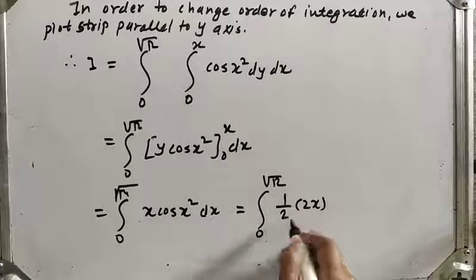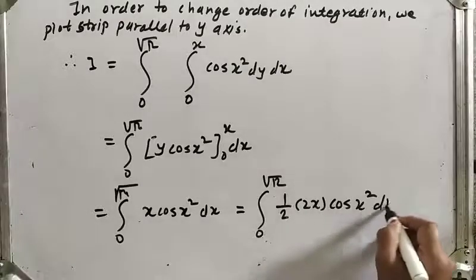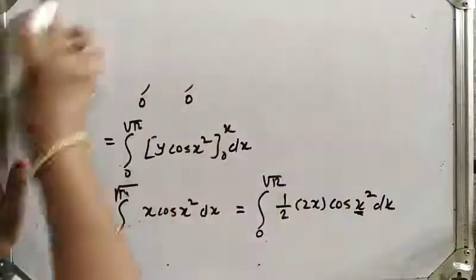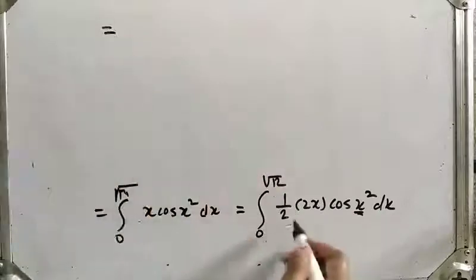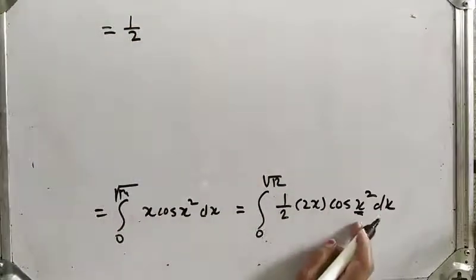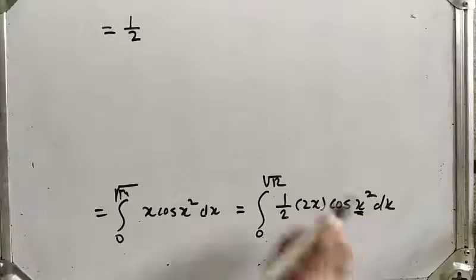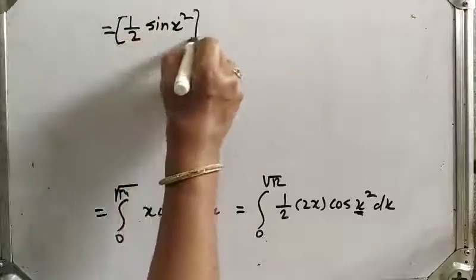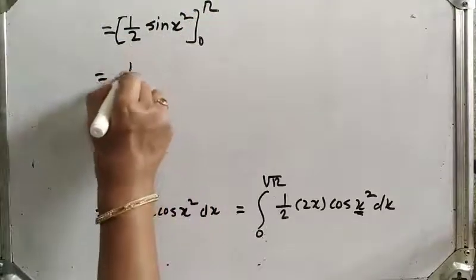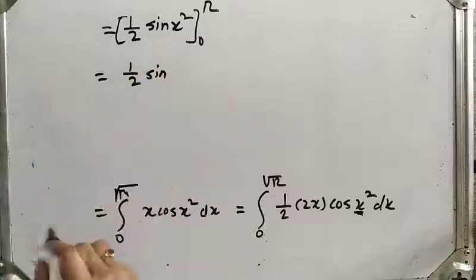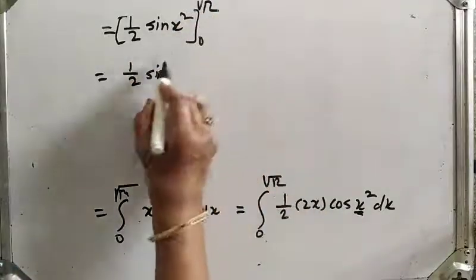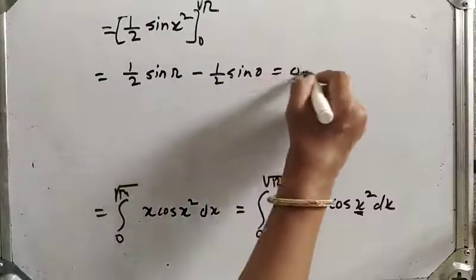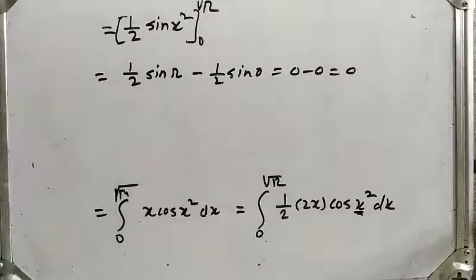To cancel this 2, take 1/2 cos of x square dx. Now its derivative is here, so its integration will be, this 1/2 is constant, integration of cos of this will be sine of x square, because its derivative is present here, with limits 0 to root pi. After applying limit, what do we get? 1/2 sine of, sorry, it is root pi. After applying limit, we get sine of root pi square, that is pi, minus 1/2 sine 0, that is 0, minus 0. So our answer is 0.